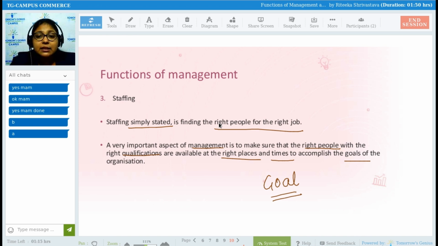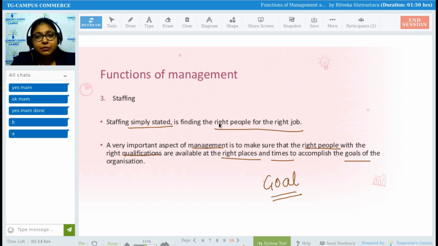Good staffing means appointing the right person with the right qualification at the right place, at the right time, and with the right requirements. If the financial department needs an employee, then they should hire a person who has a complete financial background and financial qualification. He has a complete idea about finance, so that it will become easier for the organization to work with the person.